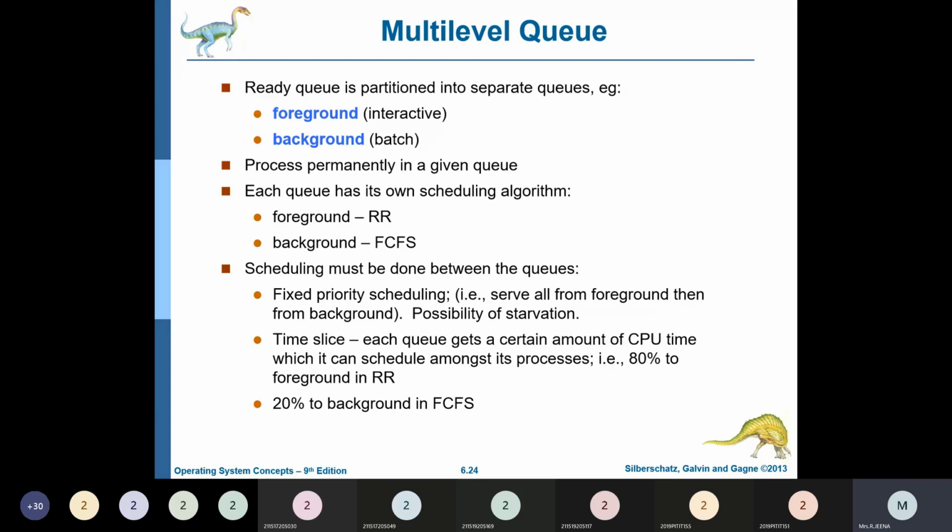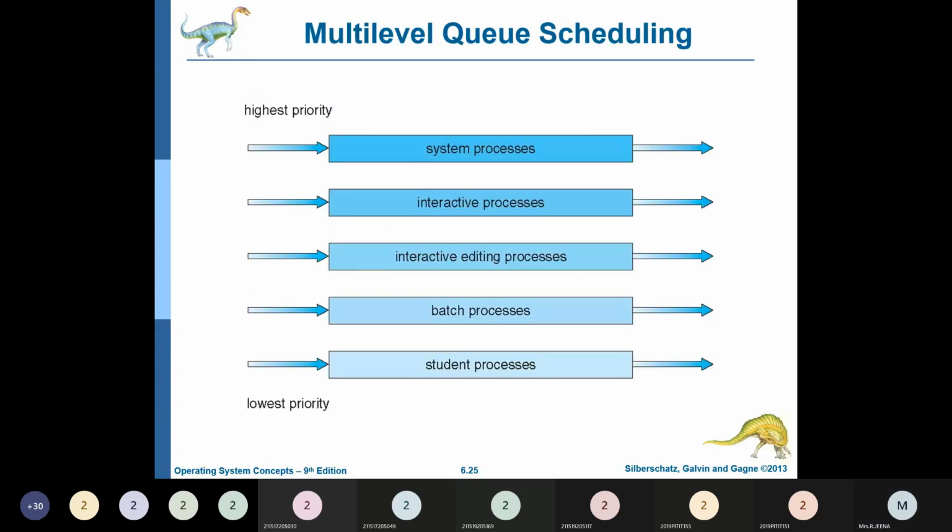So scheduling must be done between the queues, and we have to see the possibility, like if starvation is there, we have to choose another algorithm which prevents starvation. So the priority goes like this.